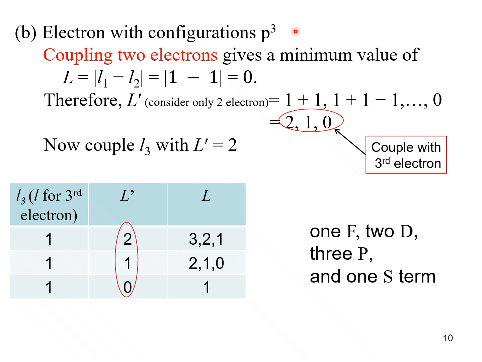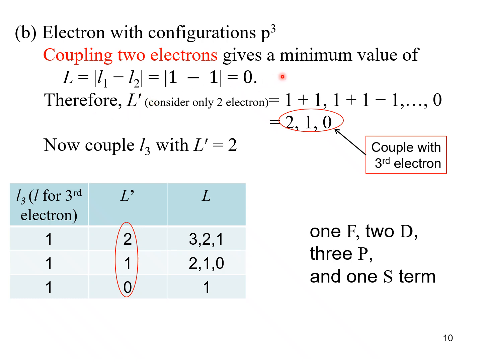For 3 electrons in the p orbital, we have to couple the first 2 electrons and then use the result to couple with the 3rd electron. Just now we have already seen how to couple 2 electrons in the p orbital. Coupling two electrons gives a minimum value of 0, because electron 1 is in a p orbital, so its l value is 1. The second electron is also in a p orbital, therefore l2 is also equal to 1. So 1 minus 1 gives 0.